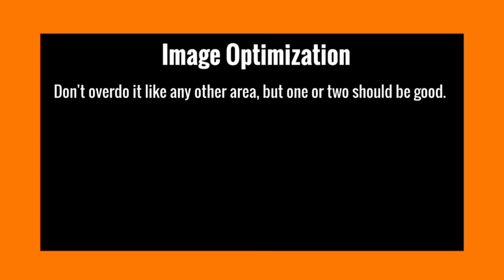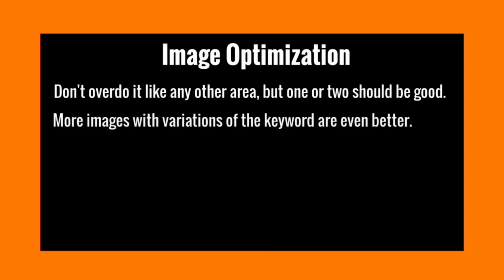So that is why making sure that your keywords and your images fit and are accurate is important, but you don't want to overdo it in any other area. One or 2 should be good, 3 or 4 should be fine, but you definitely don't want to overdo it. Now, like I said, more images with variations of the keyword are even better.